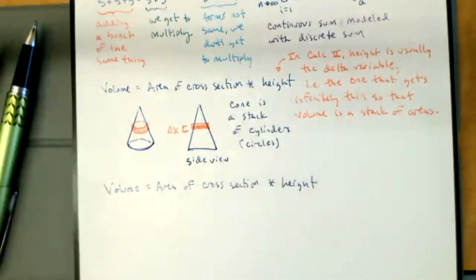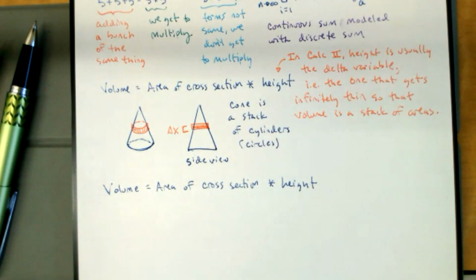But we're going to switch things around. Rather than the area of the cross section being the function and height being the delta variable, we're going to flip those. The area of the cross section is going to be our delta variable, and height is going to be our function.